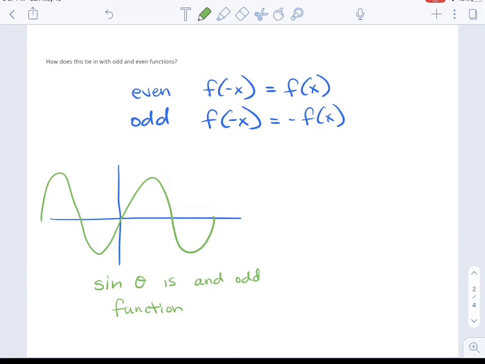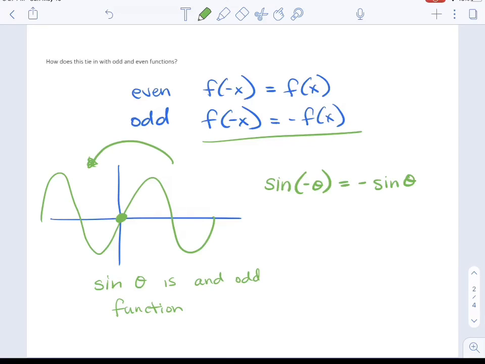Remember, if I took this graph and flipped it 180 degrees, rotated it around the origin, I would end up with the original graph. That rotational symmetry that we talked about. So what does that mean? Since sine theta is an odd function, I know that sine of negative theta should be equal to negative sine theta, right? That's just this property up here.